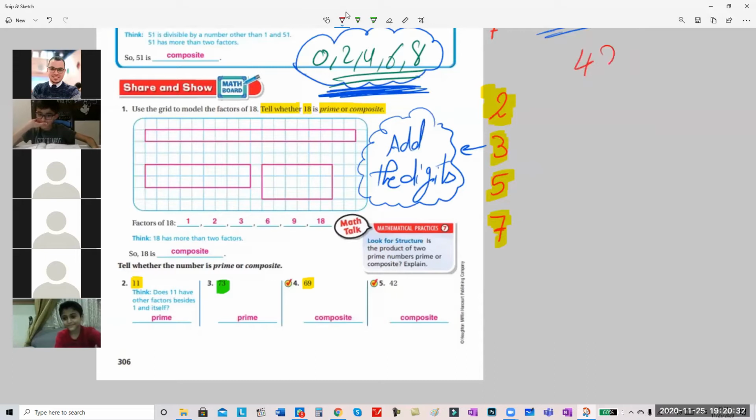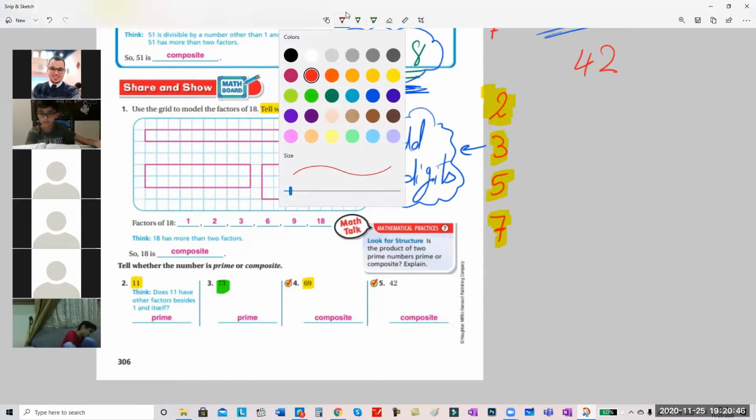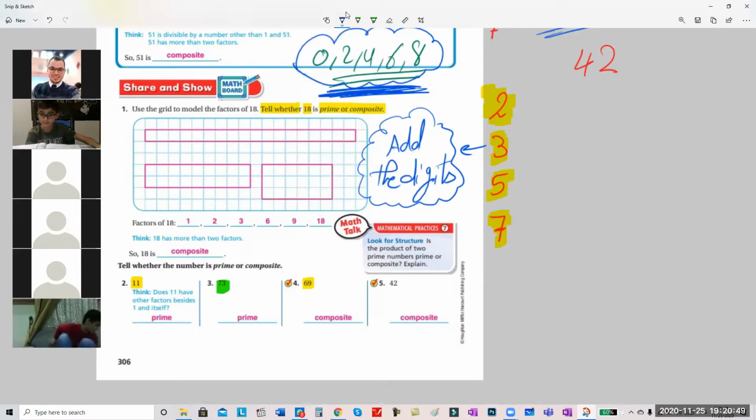Okay, 42. Tell me, is it a composite number or a prime number? Firstly, composite. Okay, how can you know? Firstly, you have to check with 2. Can we divide it by 2? Yes. Why? There's no multiplication of 2 that gives 42.